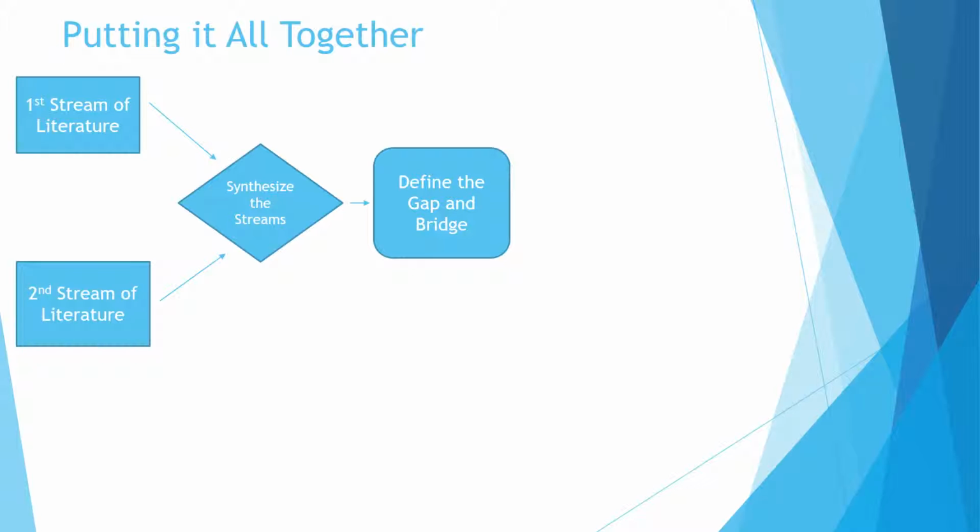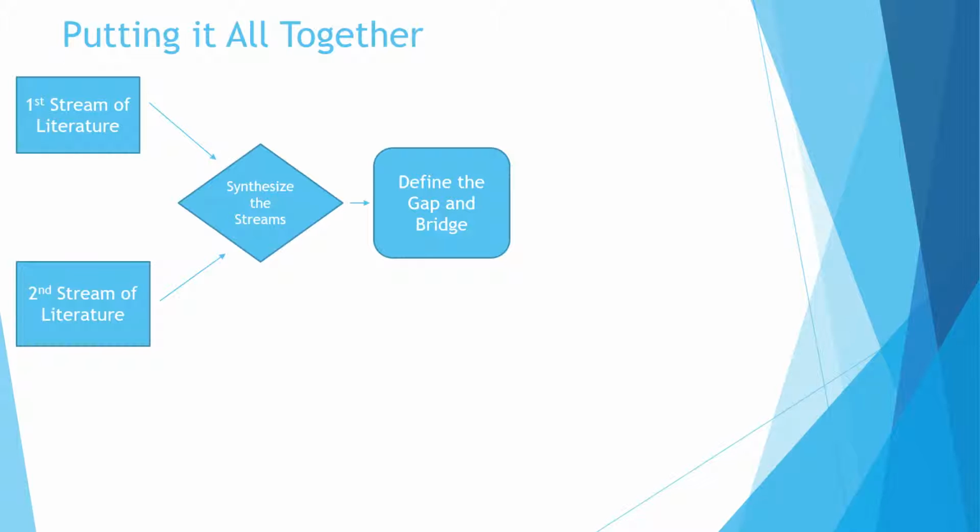And so his whole success was based upon this synthesis of two streams of literature, seeing the gap, and then building with his 5 forces framework and his generic strategies, building the bridge across this gap that created a whole new view of strategic management.